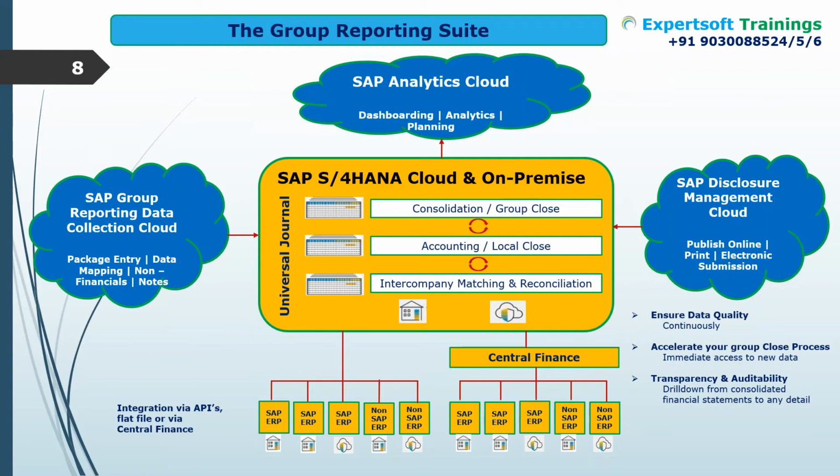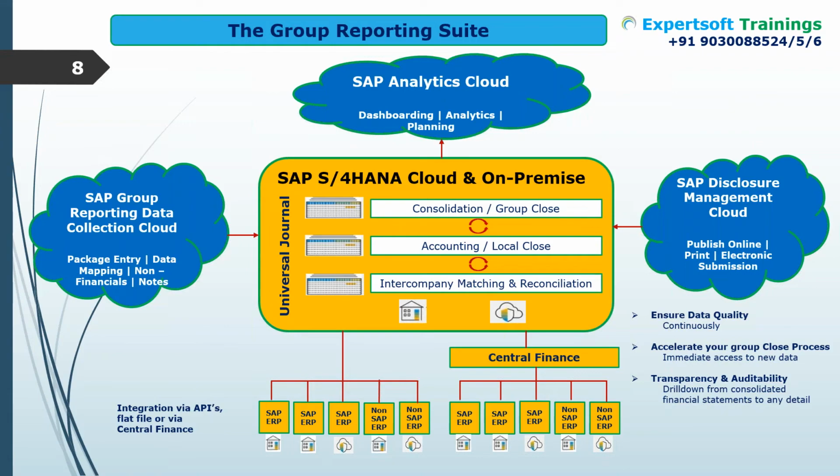Okay. So apart from central finance, SAP has given multiple options. If somebody wants to bring the data, say you have a client who already implemented SAP S4HANA, but has some additional systems still lying outside of S4HANA.